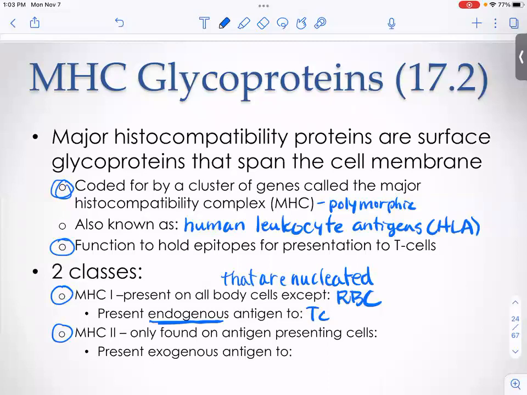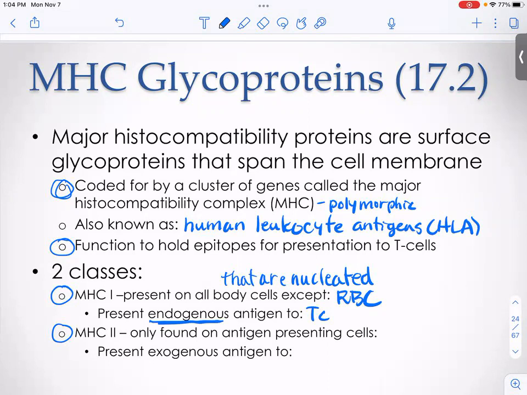So we introduced this concept of major histocompatibility glycoproteins. We talked about that these are surface proteins that we have on every nucleated cell in the body. Remember, the only cells that I'm aware of that don't have nuclei are red blood cells.